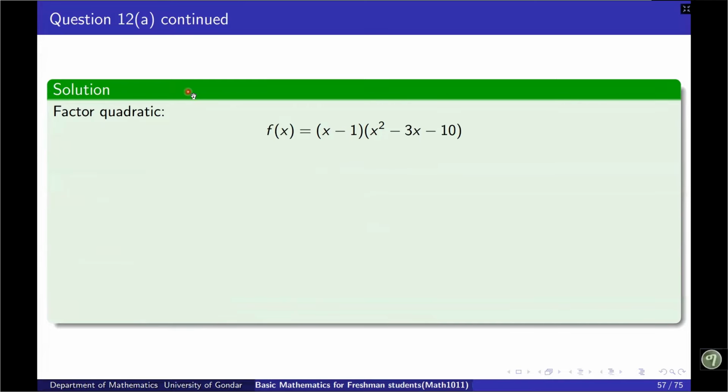So when f of x is divided by x minus 1, the quotient is x squared minus 3x minus 10. Again, if we factorize x squared minus 3x minus 10, it becomes x minus 5 times x plus 2.